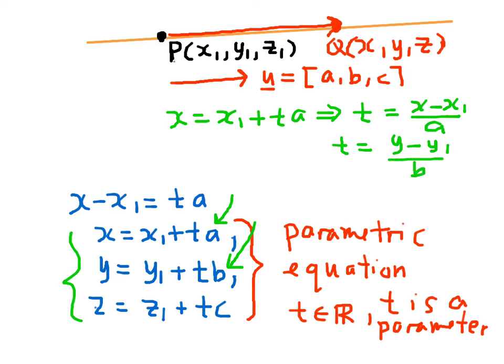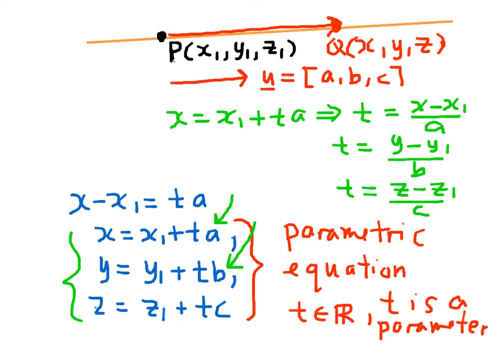I'm just expressing t as the subject for each equation, and lastly t equals z minus z1 divided by c, using the last equation.